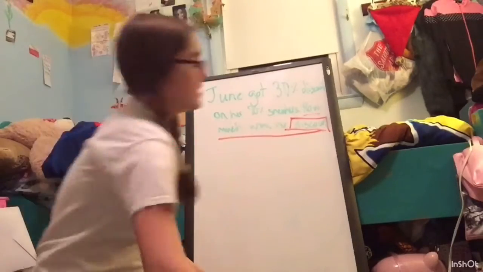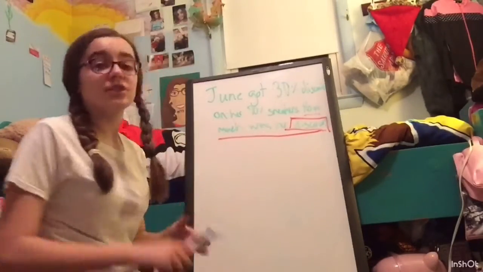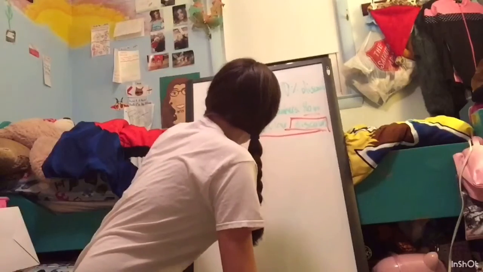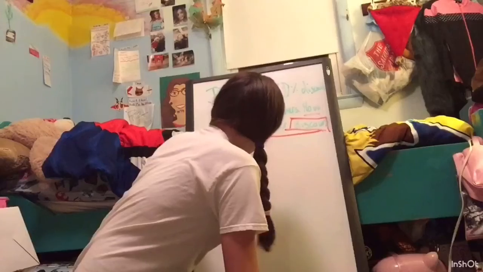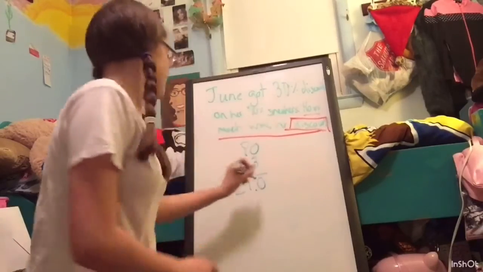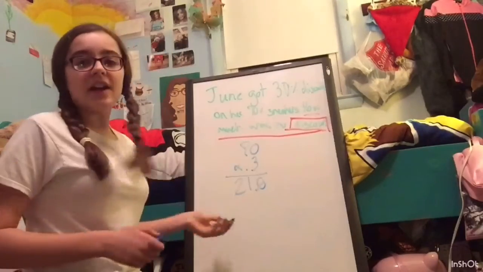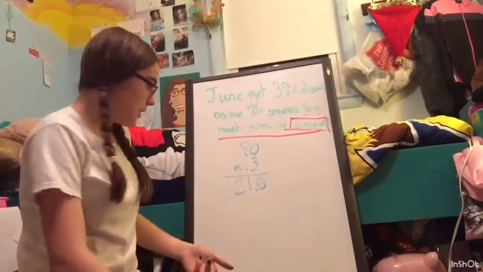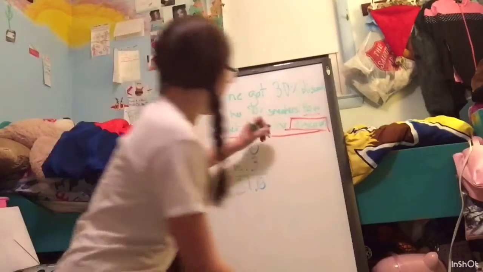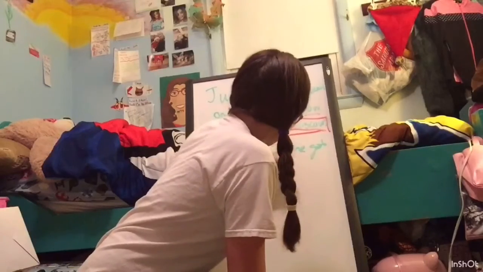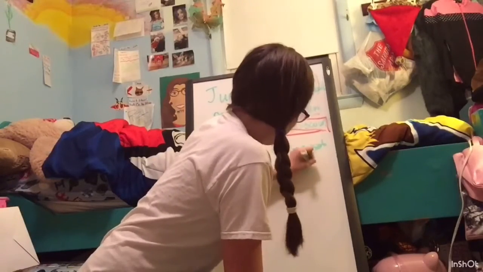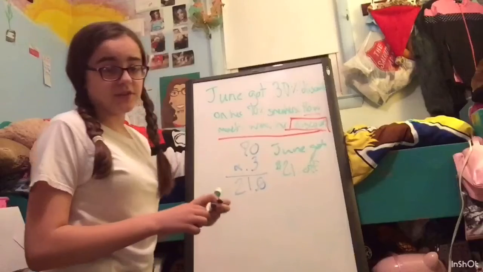In this situation, we would just go straight to the multiplication. 70 times 0.3. And that is 21. Cross out the 0. And we're done. Boom. She got $21 off. So you can just say that. June got $21 off of her new sneakers.